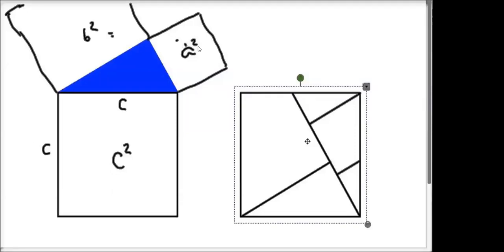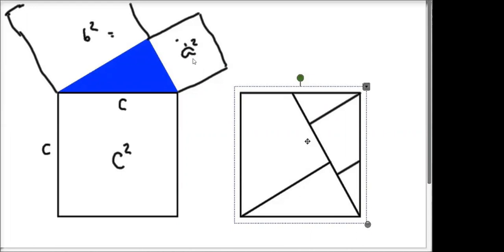So basically that's what we do. And we are going to show you now that if this triangle is a right-angled triangle, where the angle which is opposite the line C is 90 degrees, then we will conclude by saying A squared plus B squared must be equal to C squared.